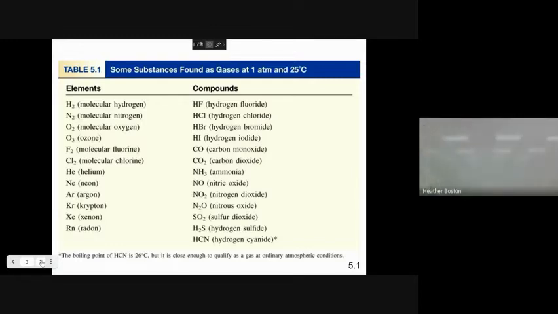Simplest definition, Arrhenius definition: provides H+ in solution. So that's the difference between these gases, look at these tiny little gases, and if they are dissolved in water. The difference between hydrogen fluoride and hydrofluoric acid is that hydrofluoric acid provides H+ in solution, so it has to be dissolved in water.